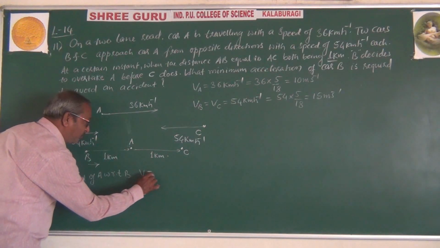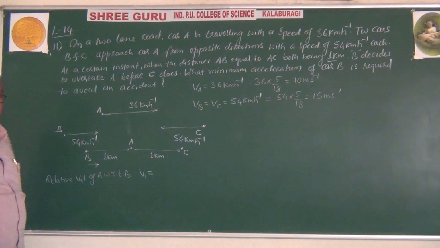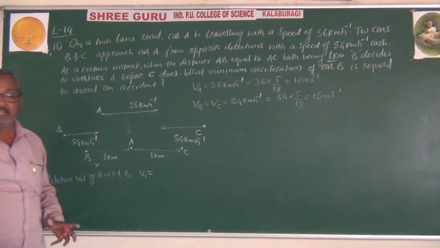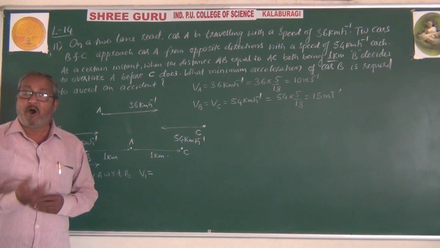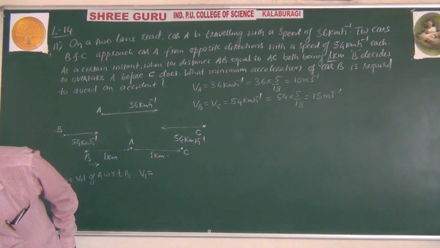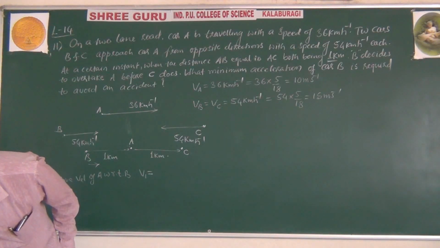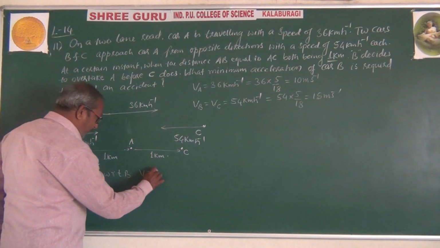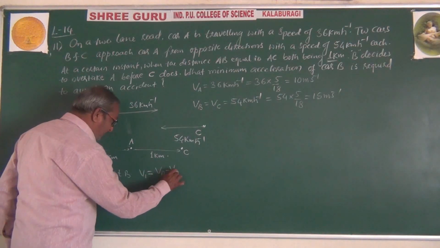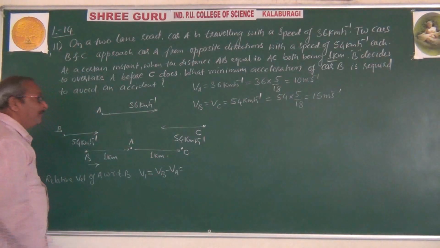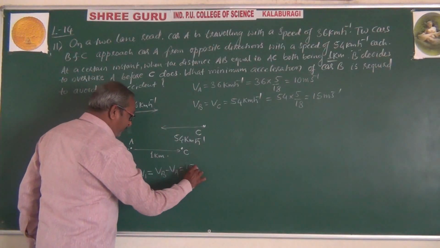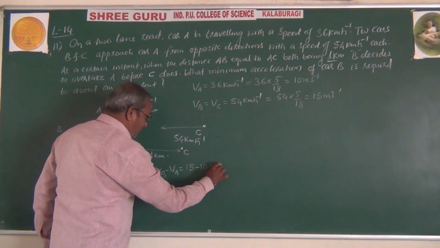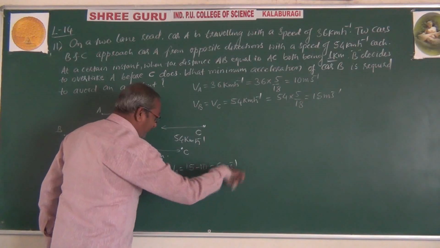If both are in the same direction, then the relative velocity is VA minus VB or VB minus VA. So therefore V1 is VB minus VA, because both are in the same direction. VB is 15, minus VA, which is 10, and this is equal to 5 meters per second.